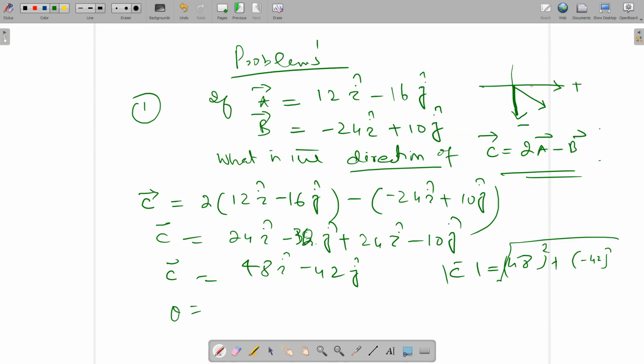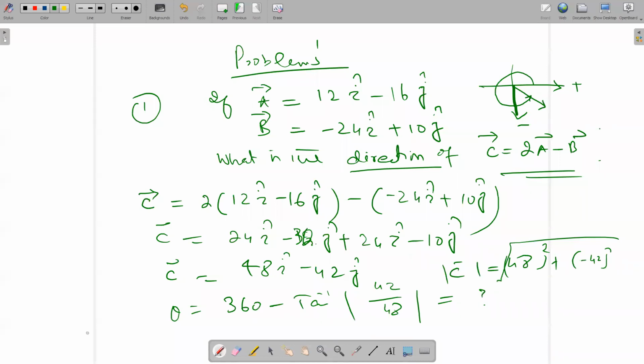If we take the direction of the angle from the positive side, we can write 360 minus tangent inverse of 42 over 48. You can solve and get the answer.